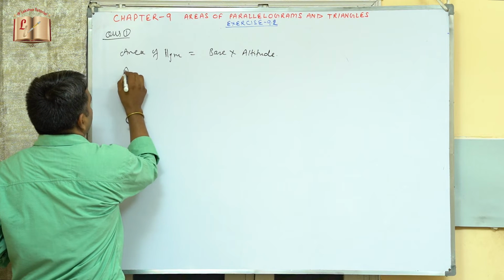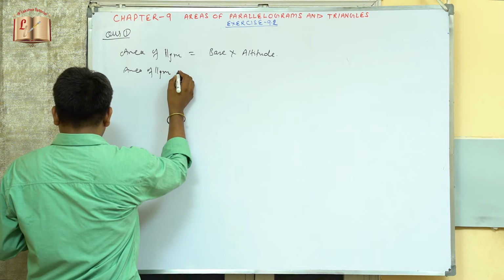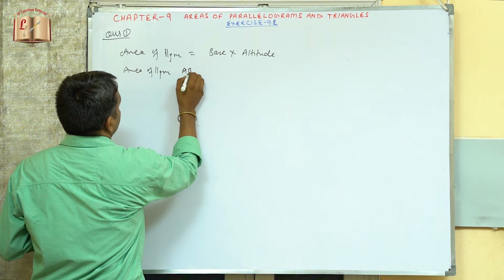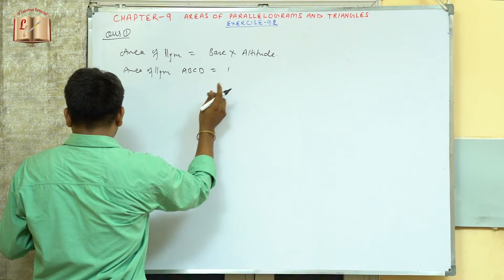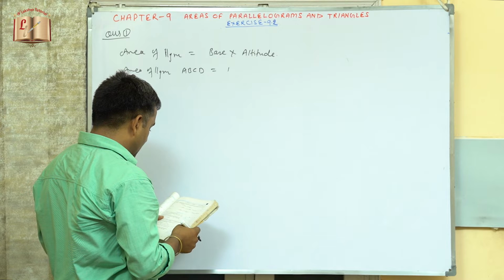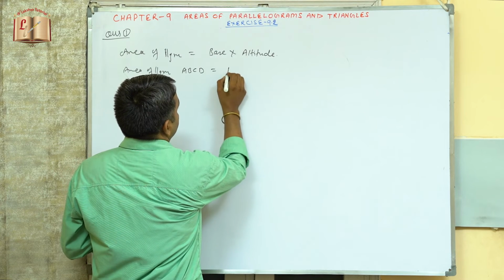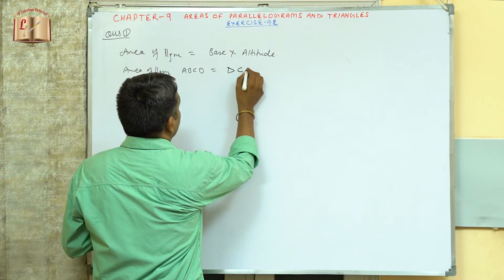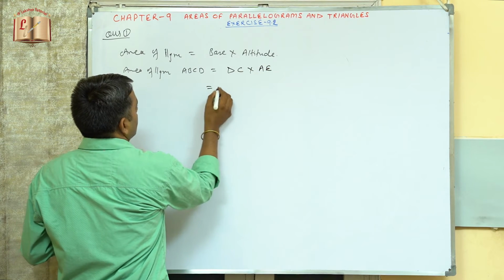So we can find the area of parallelogram ABCD, this is equal to base into altitude. Now we'll take this base, DC, into altitude AE.